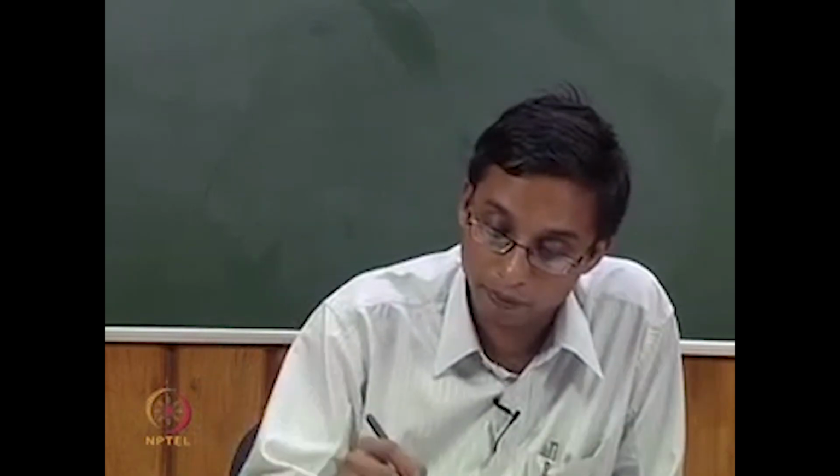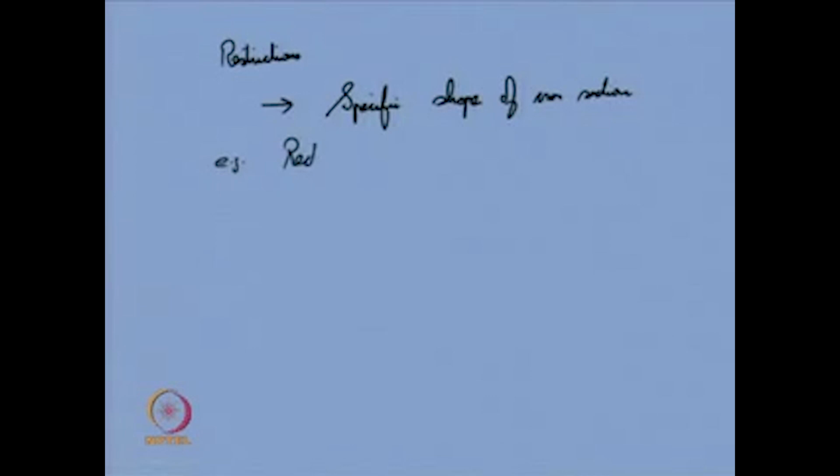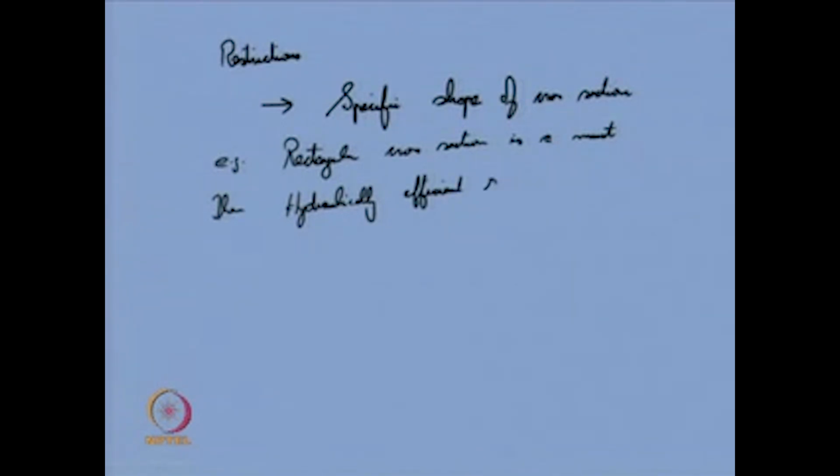If such a criterion is there, then how will you suggest the most economical rectangular cross section? If a rectangular cross section is a must, then the hydraulically efficient rectangular channel has to be determined.